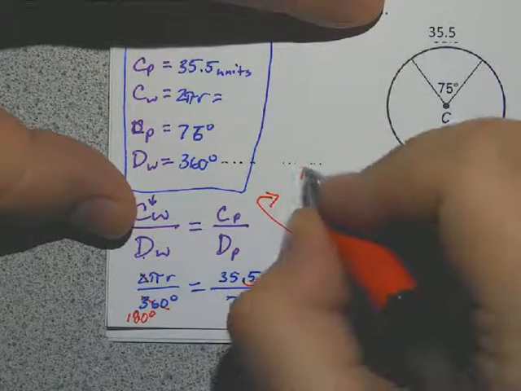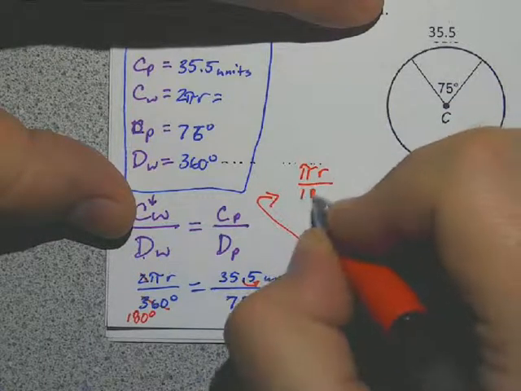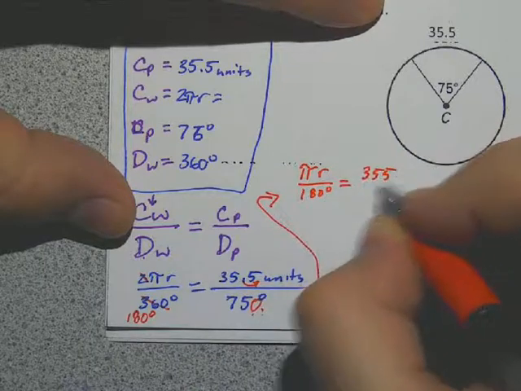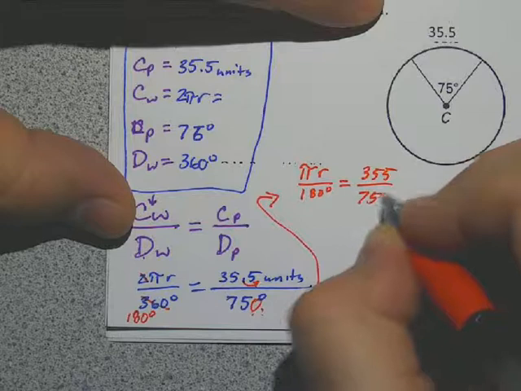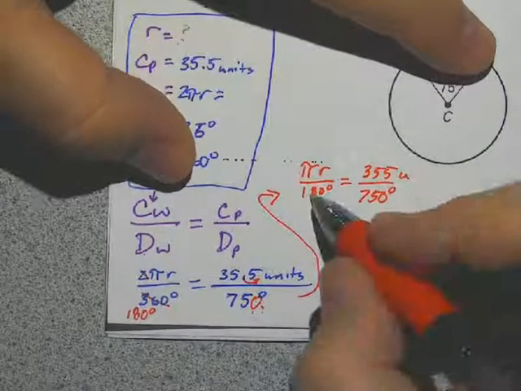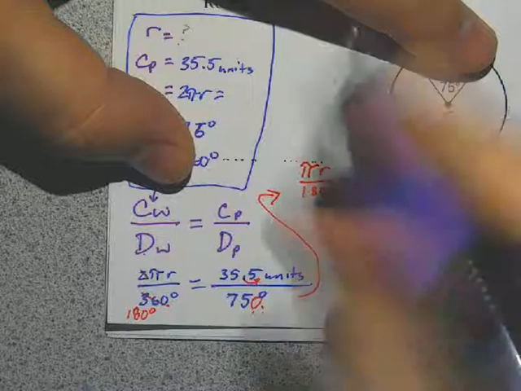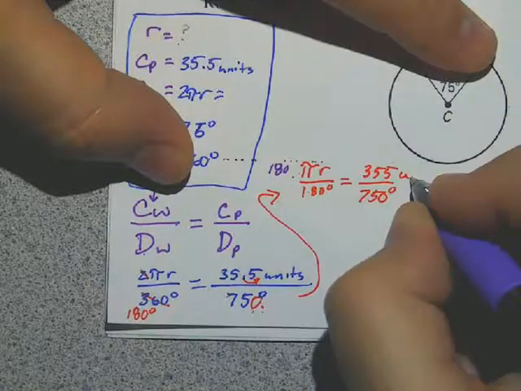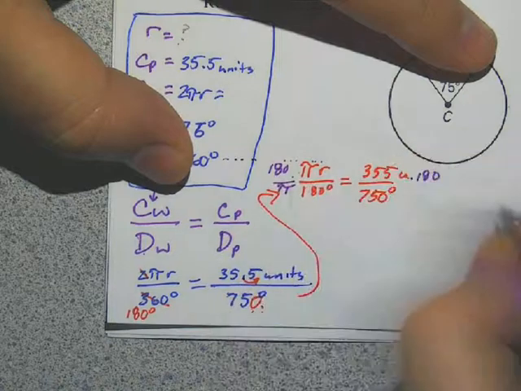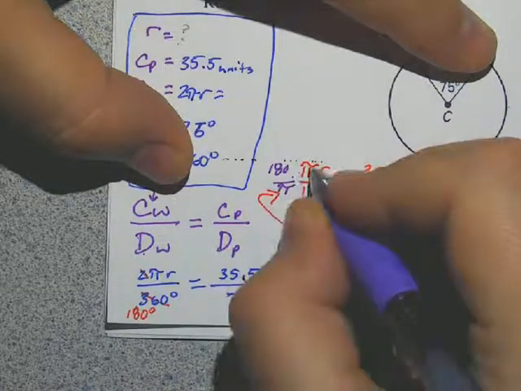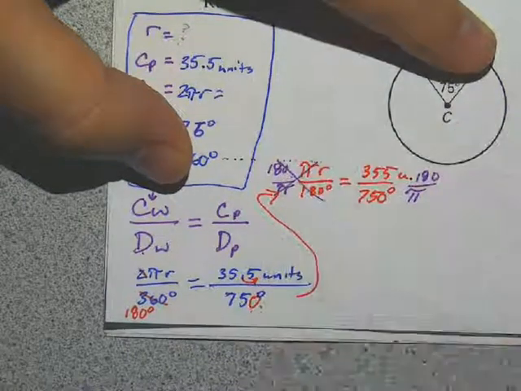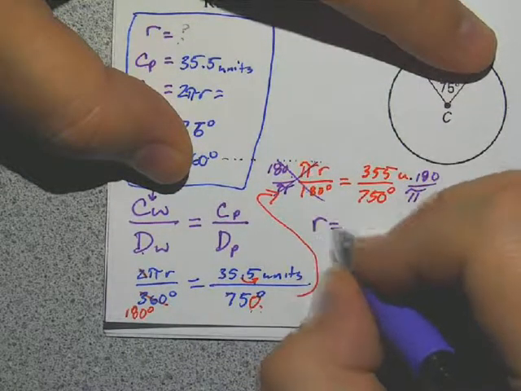And I've got pi r over 180 degrees equals 355 over 750 degrees, so that's units. And I'm going to multiply both sides by 180, and I'm going to divide both sides by pi. And that's going to allow these pi's to divide out and be 1, and allow these 180s to divide out and be 1, and only leave me an r over here.